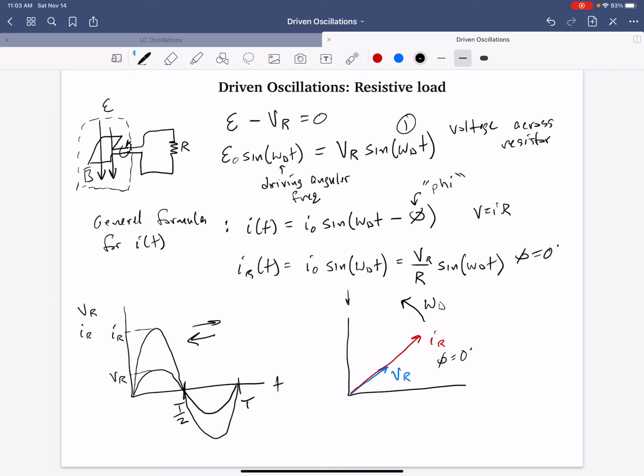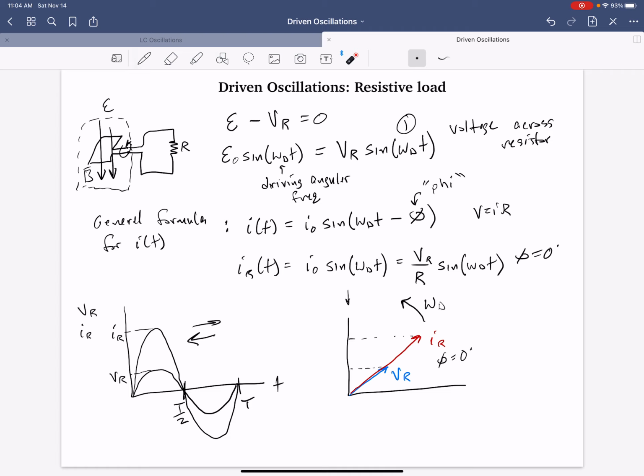By the way, look at their sine components, the sine components of this angle here. When V_R is at pi over 2, it should look something like this. It's up there, and that should be the amplitude of the graph over here.